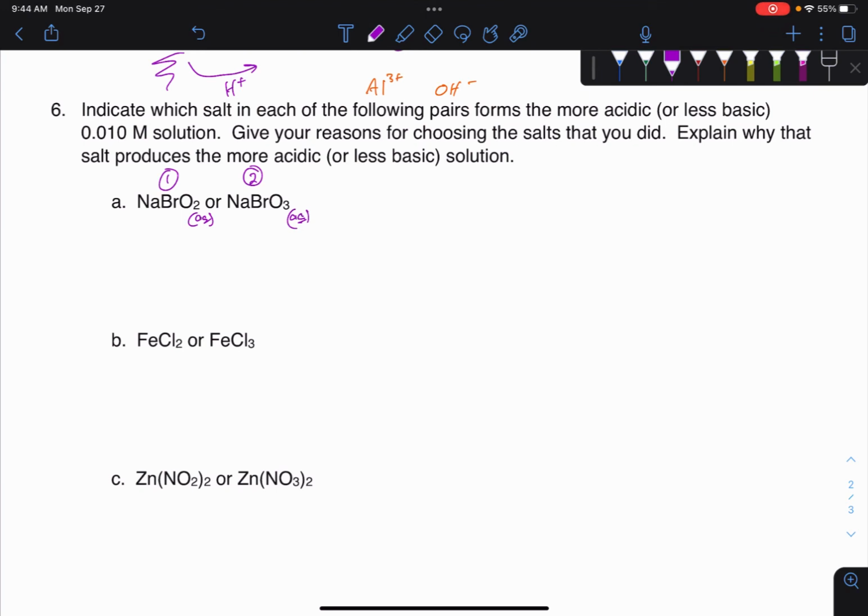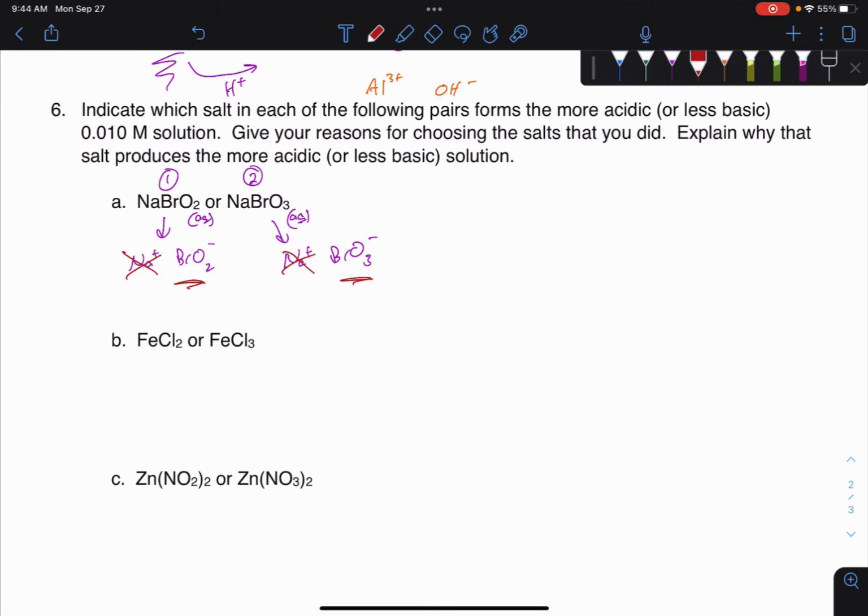If each one dissociates in solution, we get these molecules forming. And we have to remember that the sodiums do not affect the pH. So it's really just the conjugate bases here that we need to worry about.